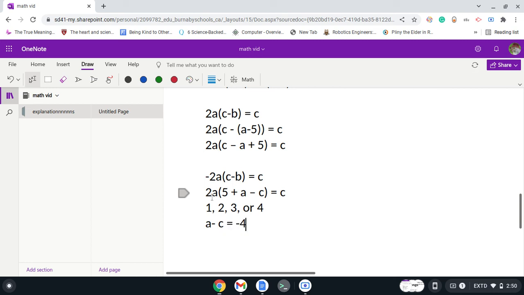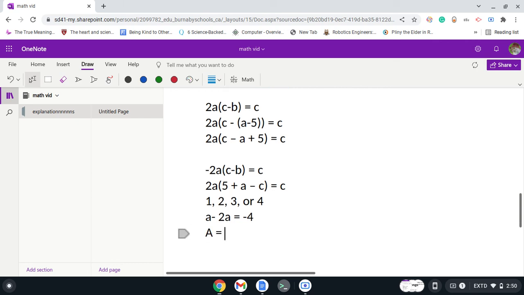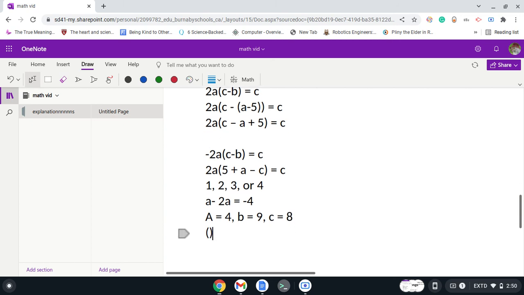And so 5 plus A minus C is 1, so 2A is equal to C, so we can substitute that, and we get A is equal to 4, and B is equal to 9, and C is equal to 8. So 4, 9, 8 is a pair that works.